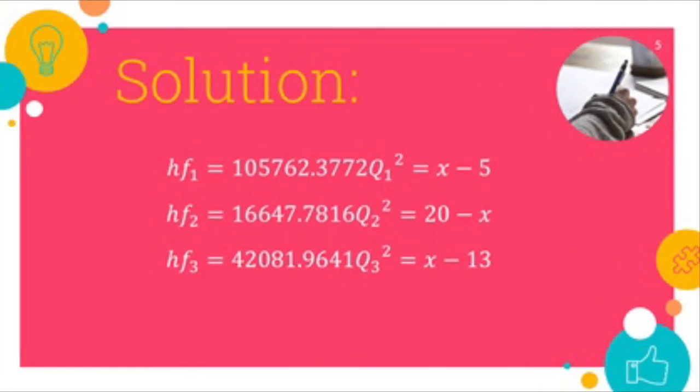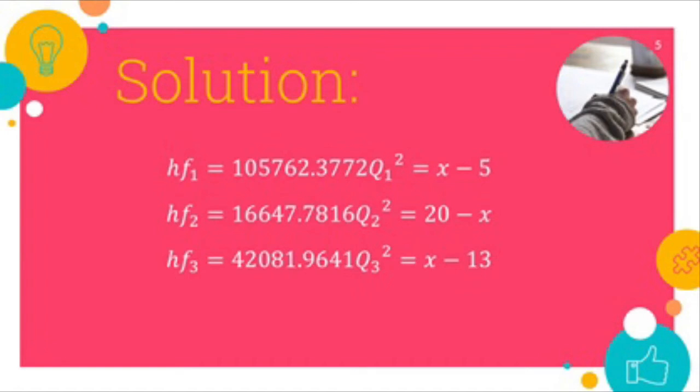So now, in this slide, since we need to determine the flow on each pipe and also the elevation of piezometer H, first we need to express the piezometer H as an X, and by doing that, we can get the difference in elevation of each head loss. So for head loss 1, it is equal to X minus 5.